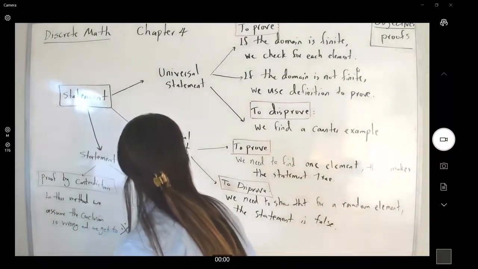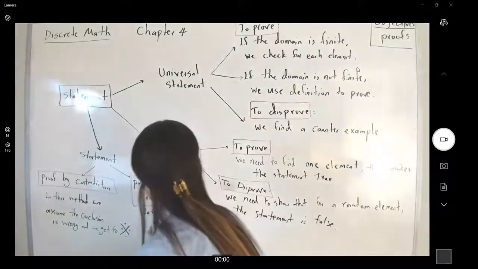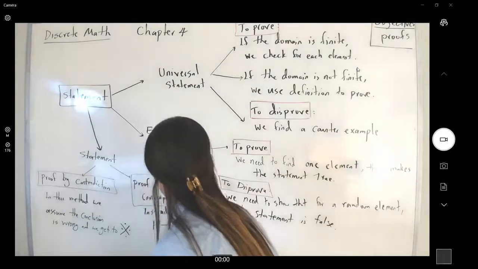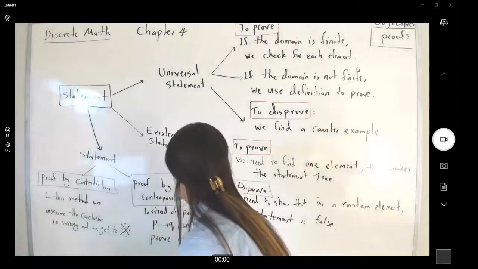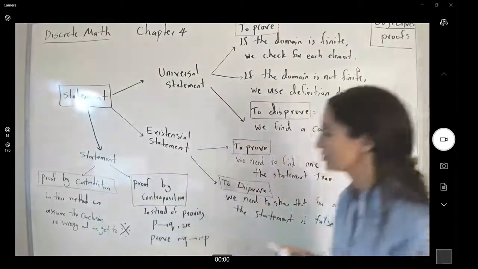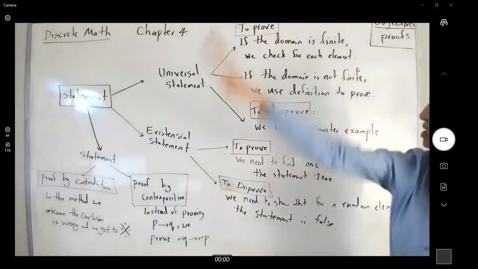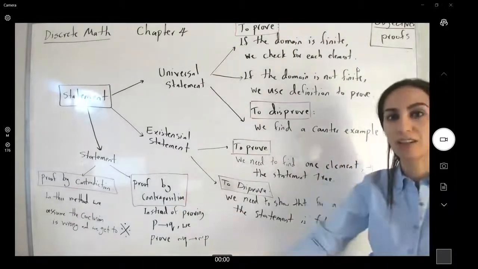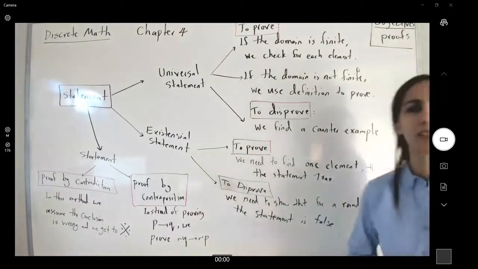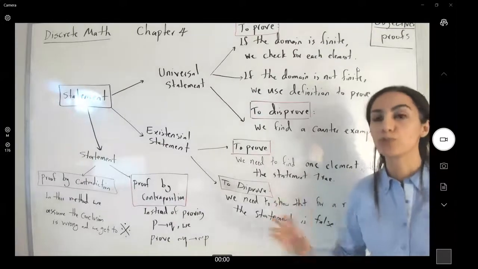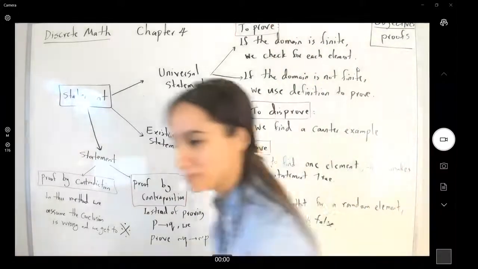Instead of proving P then Q, we prove not Q then not P. So this is the general idea of how we need to start thinking about how to prove or disprove different types of statements.